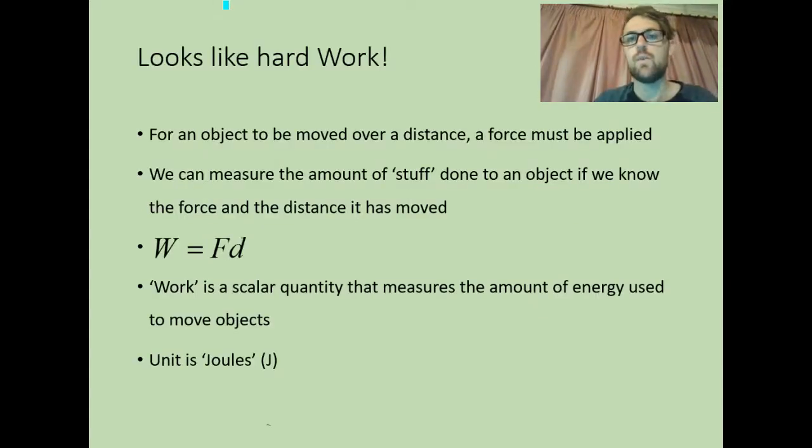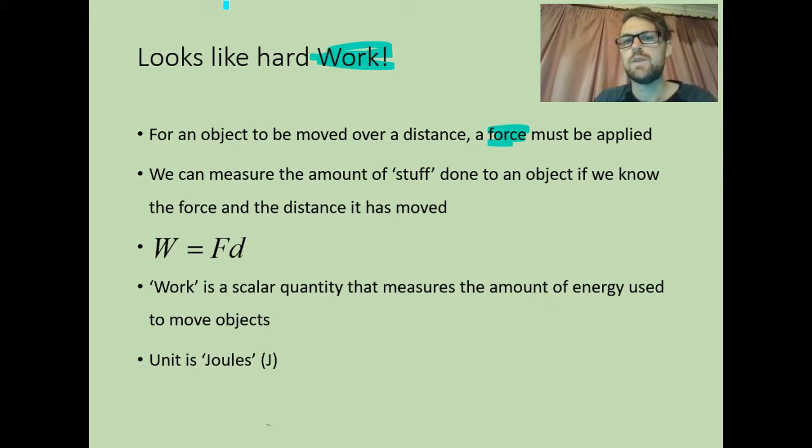So as mentioned, the first thing we'll have a look at is work. Okay, so if we move an object over a distance, any object, in this case we're talking about some kind of charged object, but if any object is moved over a distance, a force has to be applied. Okay, and that makes sense. If there's no force on something, it's not going to move at all.